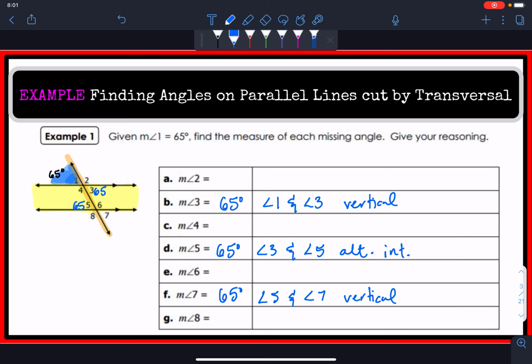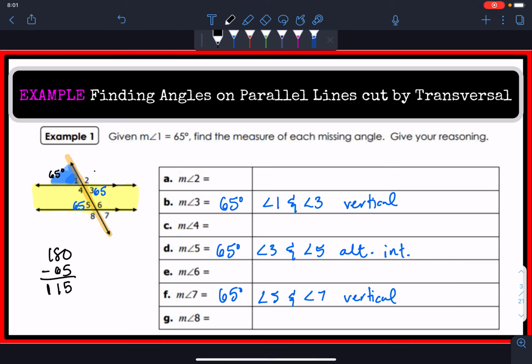Now, angle number 1 and angle number 2 are going to create a linear pair, which means that they have to add up to 180 degrees. So if I get 180 and I subtract the 65, that's equal to 115.